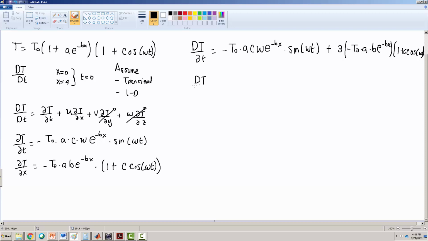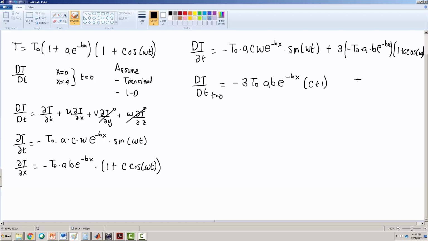So at the end, DT/Dt, once again evaluating at t equal to 0 since the position is different but the time is equal to 0, we could just write it as minus T0 A B e to the minus bx times (C plus 1).